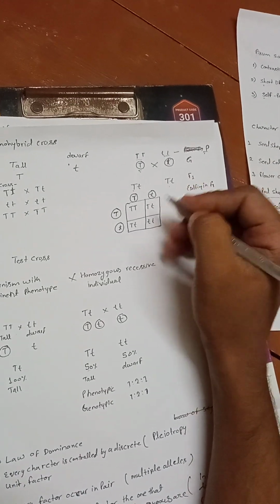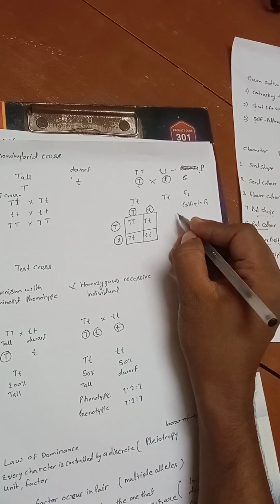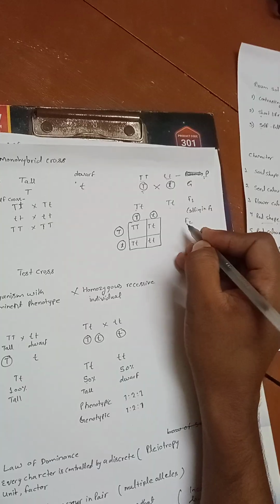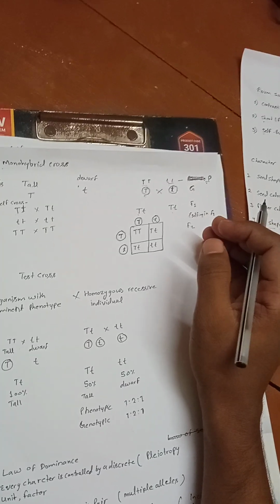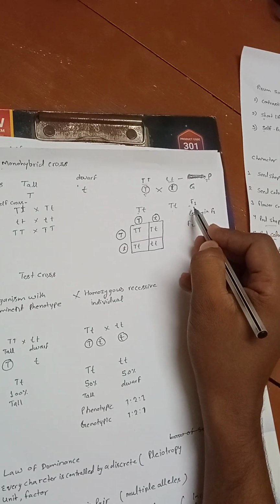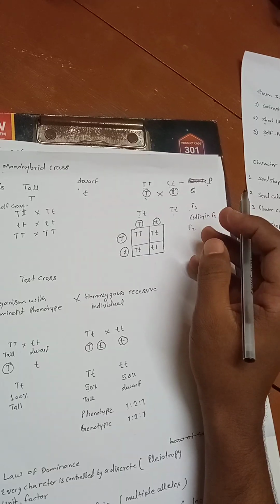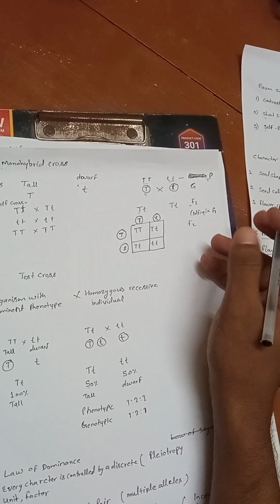After the selfing in the F1 generation, Mendel got the F2 generation. It is the second filial generation, F for filial. F1 is the first filial generation, while F2 is the second filial generation.